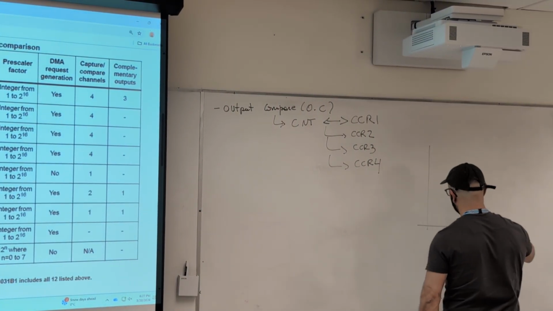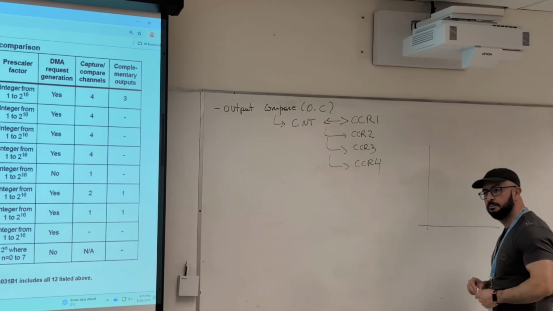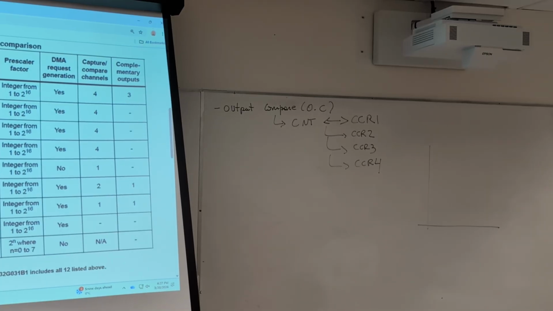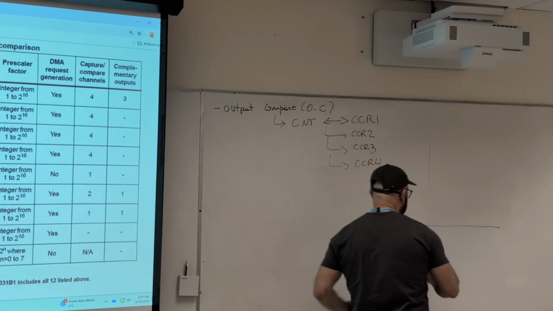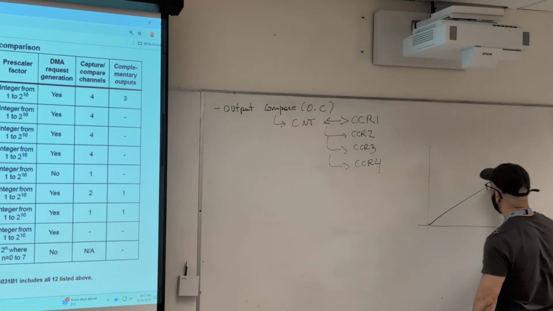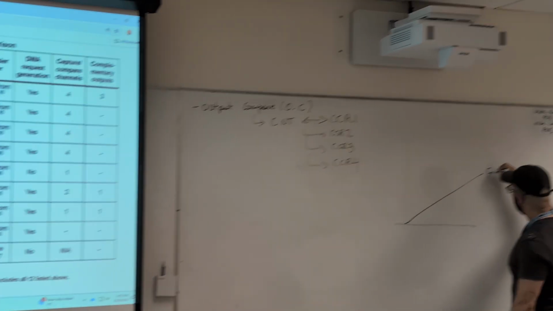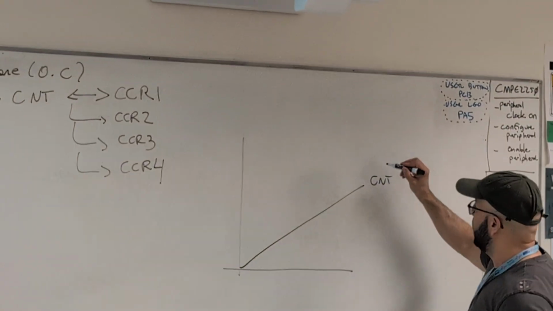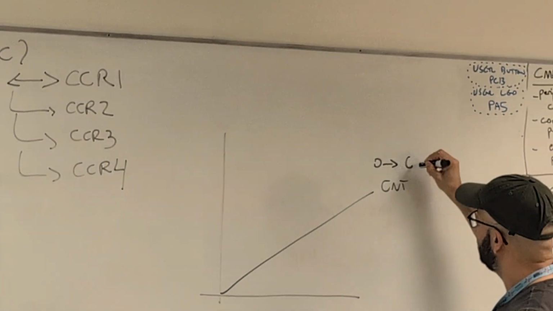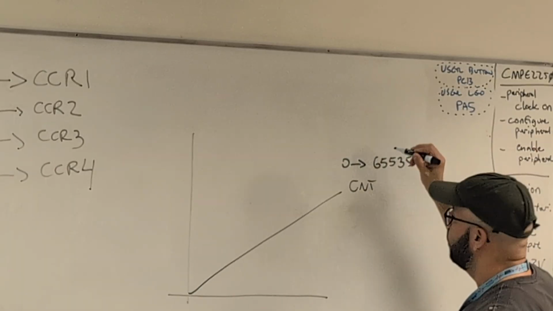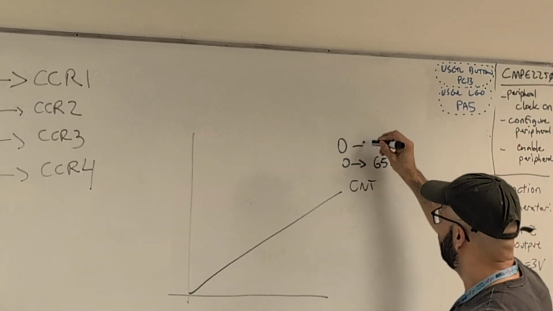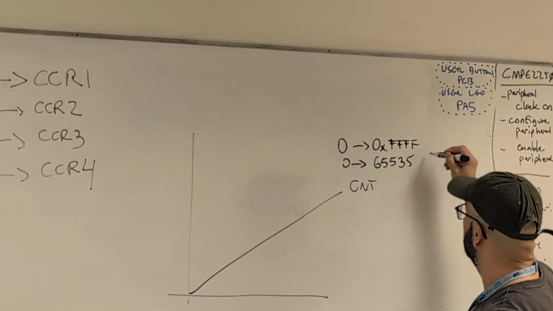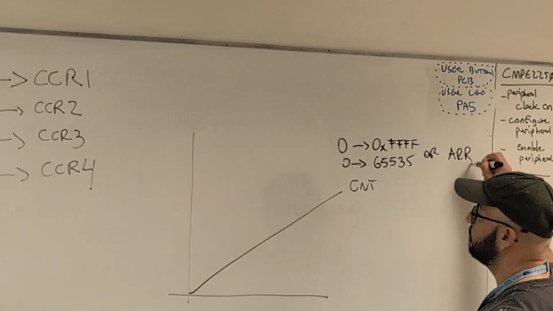Let's do a graph here. Let's pretend that this is sort of like a timeline for the counter, and this is my counter CNT. Let's assume that it's counting in the full range. So it's going from 0 to 65,535, or if I want to say it in hex, from 0 to 0xFFFF, or whatever value I put in the ARR register, right?